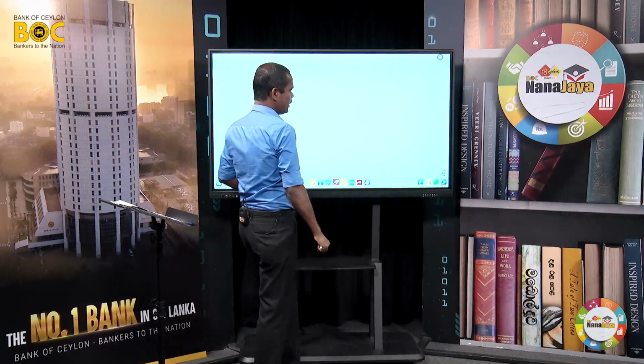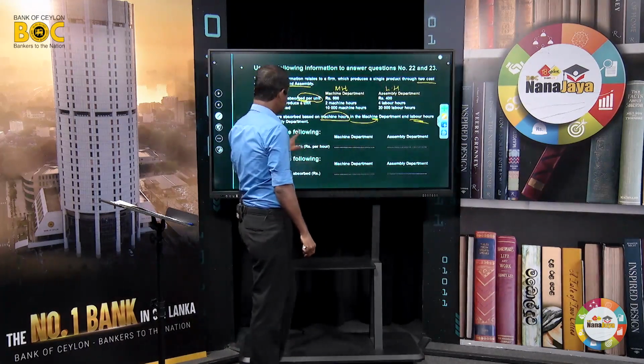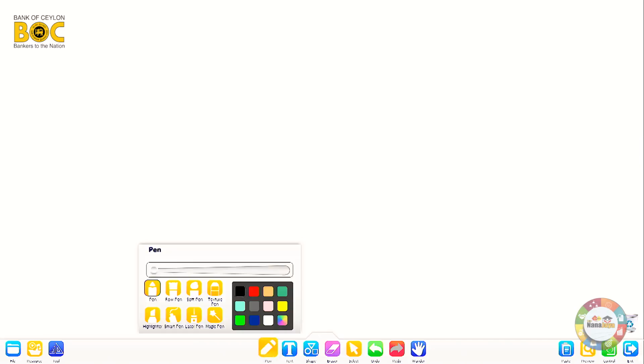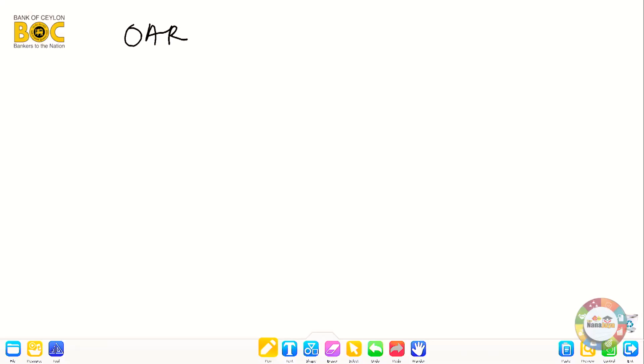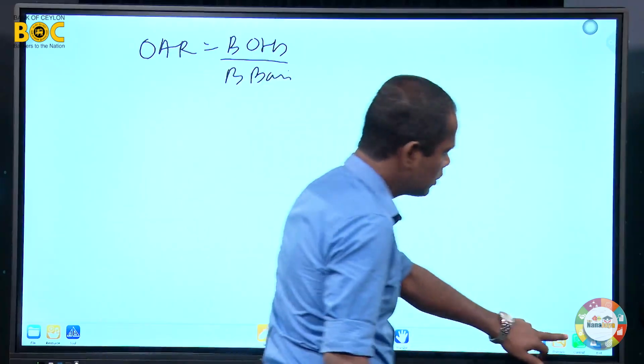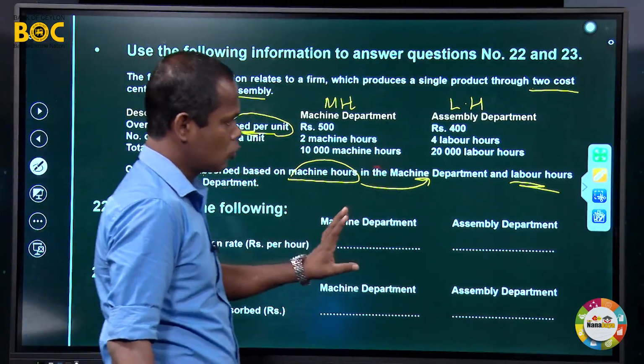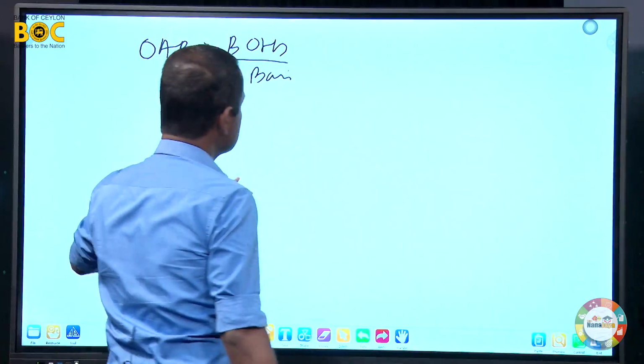We learned one method to calculate the overhead absorption rate: budgeted overheads divided by the budgeted basis. But here you can't use that method, because this information is not given.